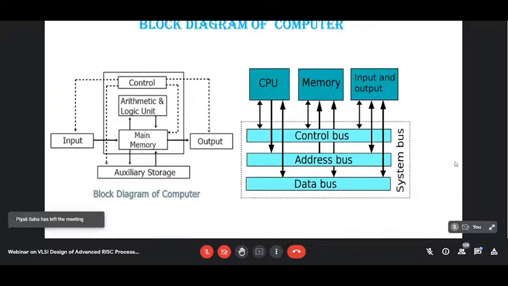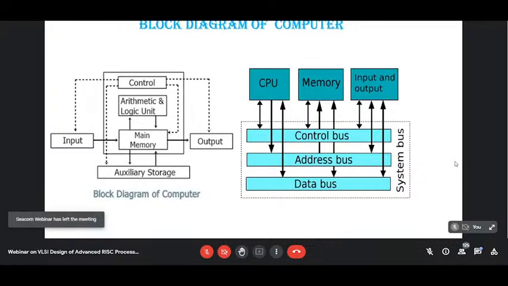In the diagram on the right side, you can see the CPU, memory, and I/O devices. These are the three basic entities, and they communicate through buses. When the CPU wants to communicate with the memory, it uses the address bus, data bus, and some control signals. The same is the case for input-output devices. Within the CPU, there are the arithmetic logic unit and the control unit. The operation of the CPU is controlled by the control unit.